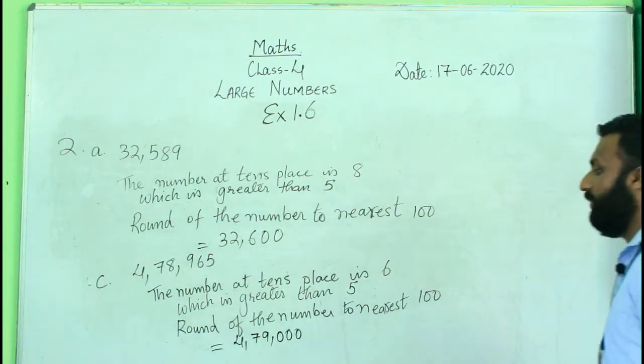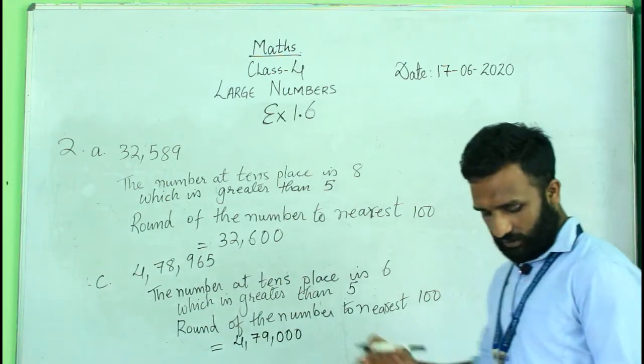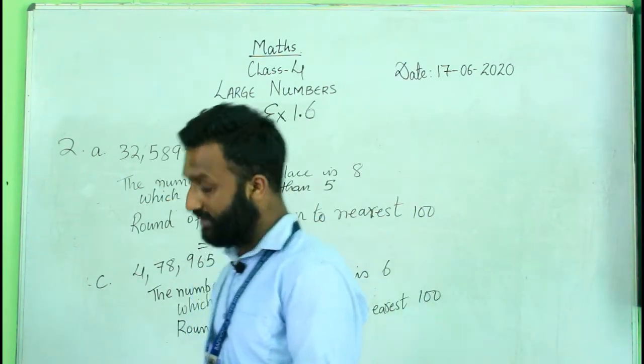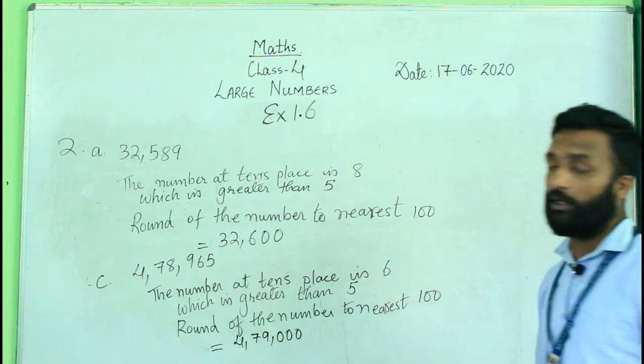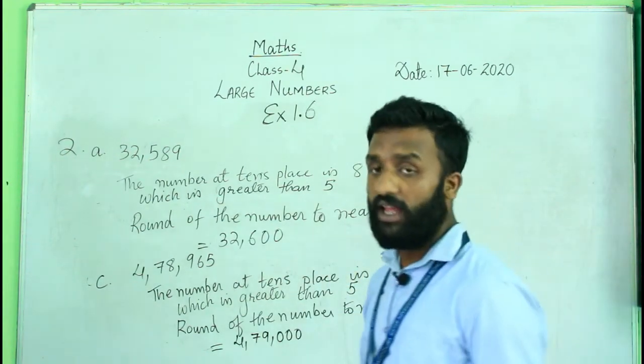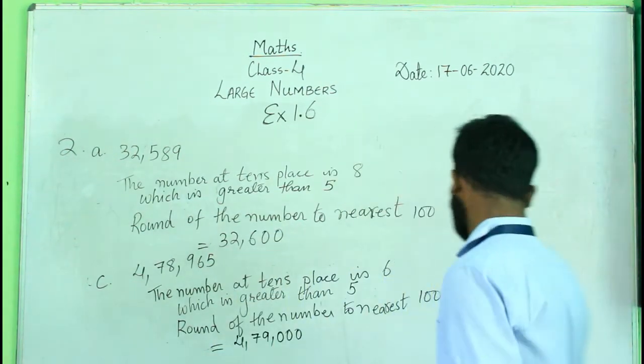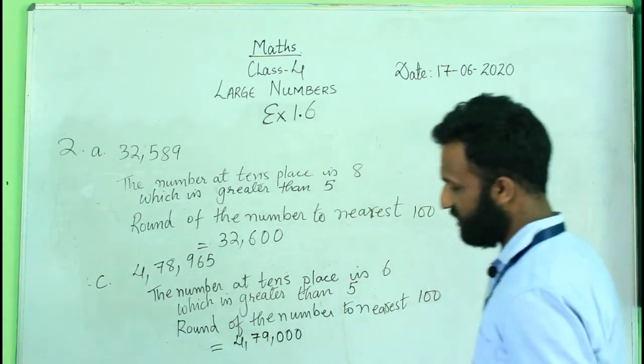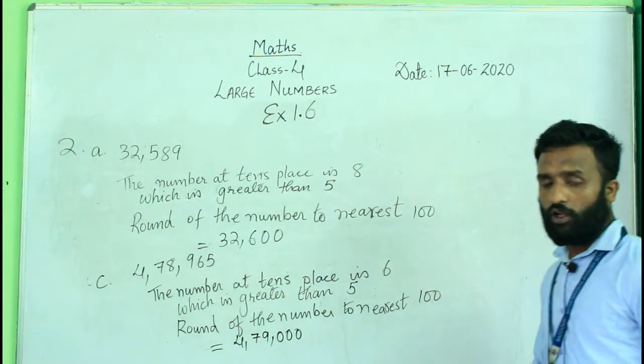So this is the answer, 4,79,000, for question number 2C. This is how you will round up the number to the nearest 100. So this is for question number 2.